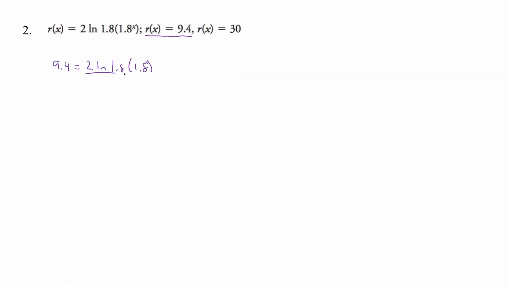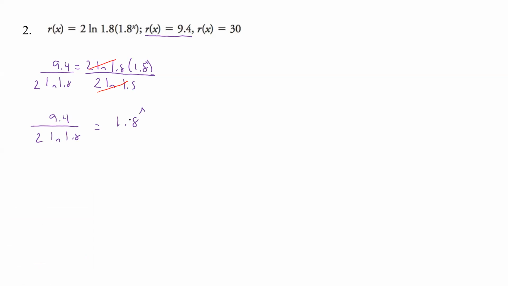So we're going to divide both sides by 2 ln of 1.8. On this side over here, those are going to cancel. So that will cancel that. And so now this simplifies into 9.4 over 2 ln of 1.8 equals 1.8 to the x.